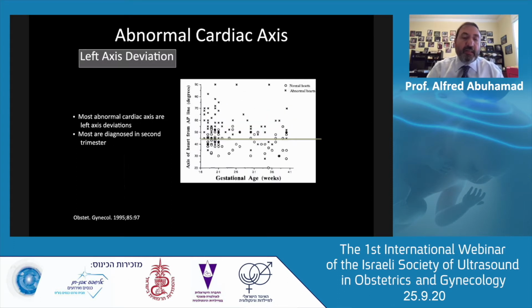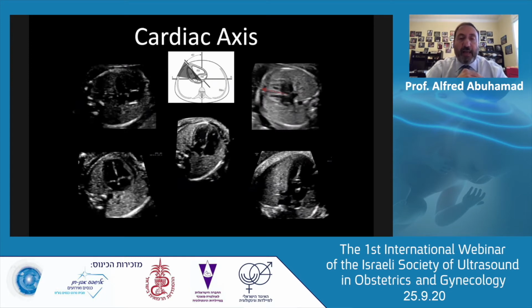And you could see that when you look at cardiac malformations, most fetuses with congenital heart disease will have a left axis deviation, and most are diagnosed in the 2nd trimester. Now, learning to look at the cardiac axis is important in your evaluation of any 4-chamber view.